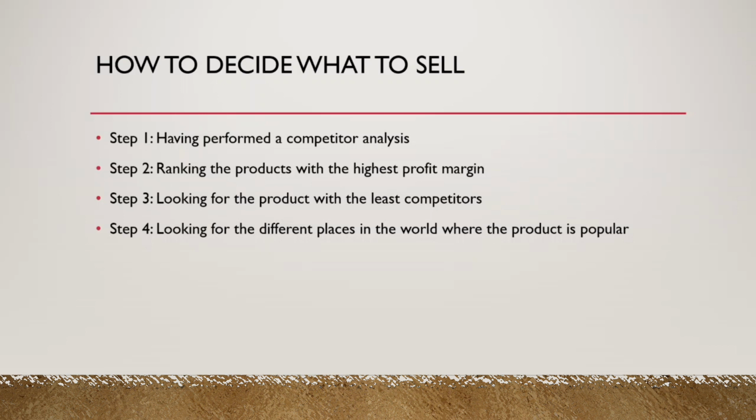So let's make a quick summary. First thing, perform your competitor analysis. That's the thing that we saw in our last classes. When that's done, you rank the products with the highest profit margin. How do you do this? Through AliExpress, you look at your competition and the specs of their products. For example, you're selling watches or cameras.